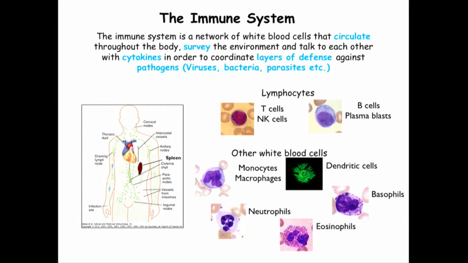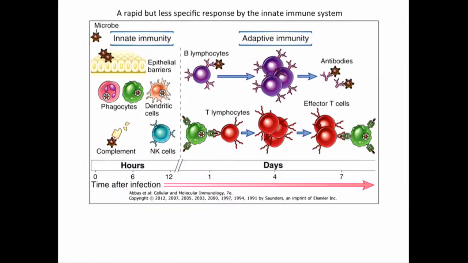So a key ingredient in the immune system is different white blood cells talking to each other with different cytokines, coordinating activities. But at the end of the day, it's the individual cells and whatever it is they're supposed to do that make things happen.